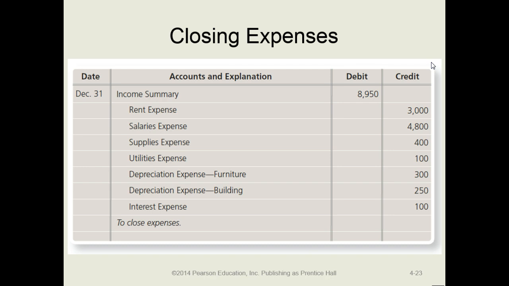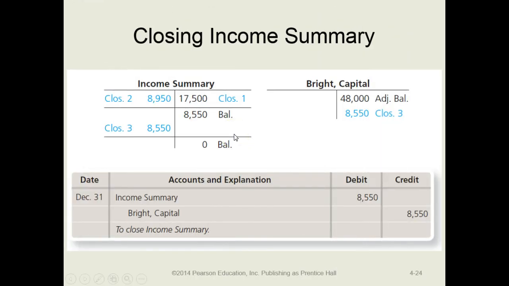Here are all our expenses. Notice we've credited all the expenses, we've gotten rid of them, and we've debited the income summary for the full amount. And now our income summary has a balance of $8,550, which is equal to net income.